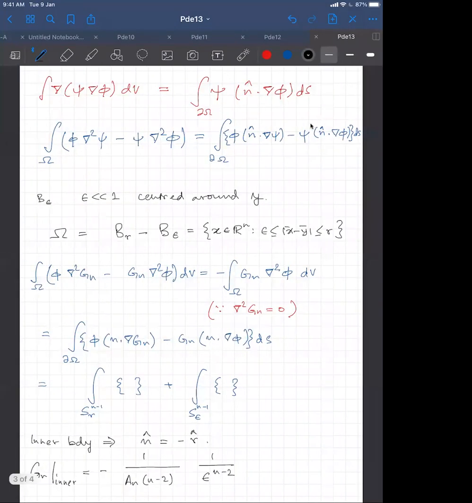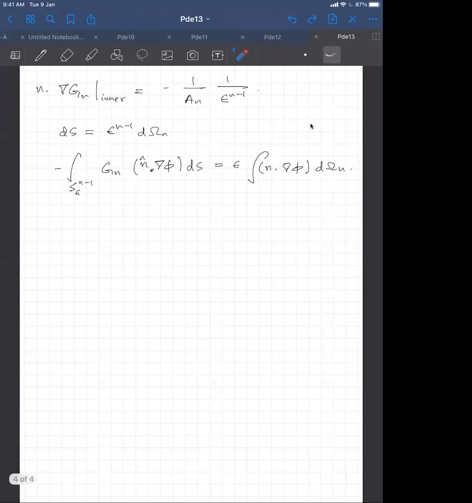So what we were doing is that there is a term like this, a term like this, and a term like this. This term we have evaluated for S epsilon. Now we need to evaluate this term for S epsilon. So let's do that now.